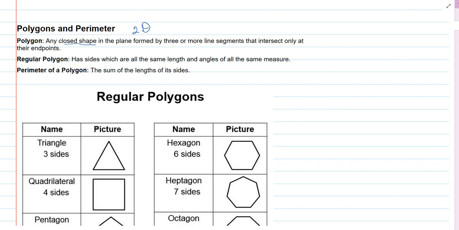All right, so a regular polygon has all sides the same length, and angles that are all the same measure. Perimeter is the sum of the sides, and it gives us length.